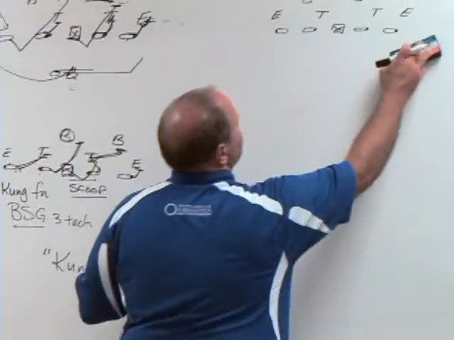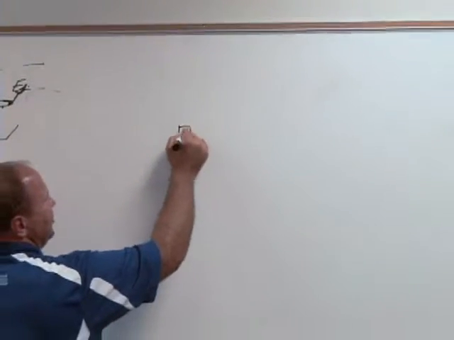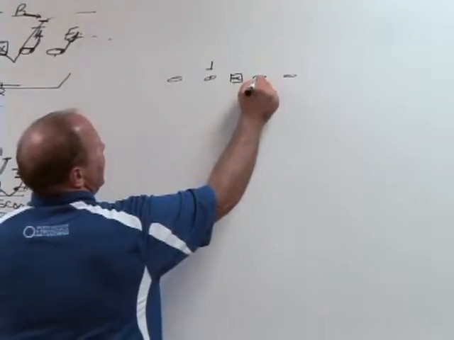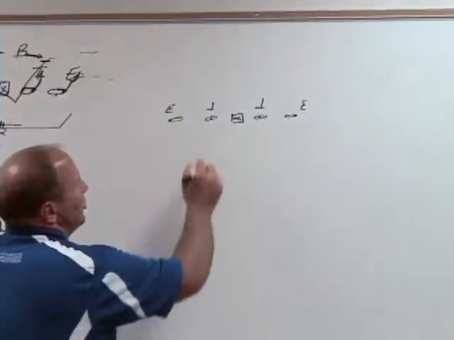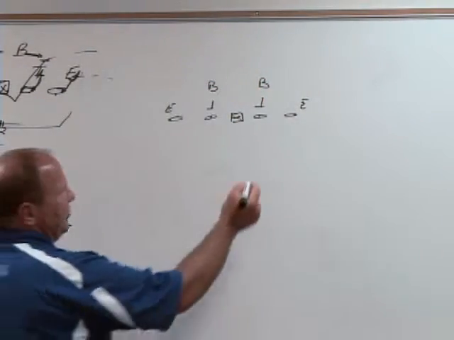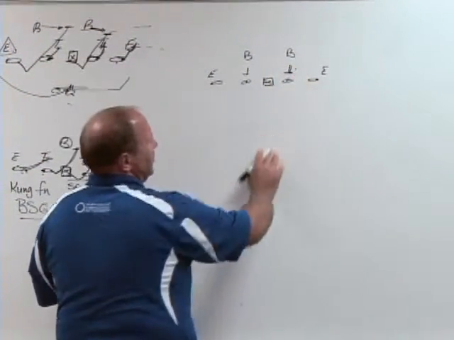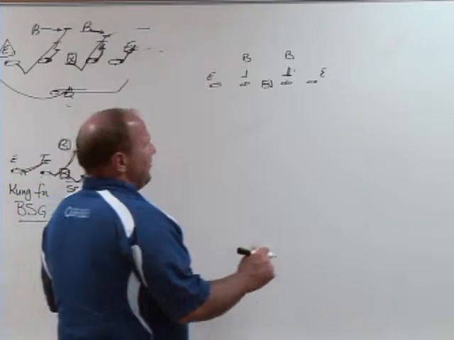So what I want to do here is show you if we do get what I call a 22 stack, which is 2 head-up techniques, 2 techniques head-up, and they stack the backers. So when you get stacked backers here, where that hurts us is if we do pop step and try to engage him, we get movement between the tackle and the backer.